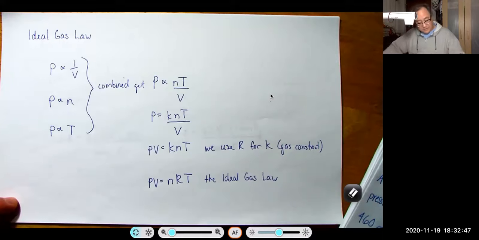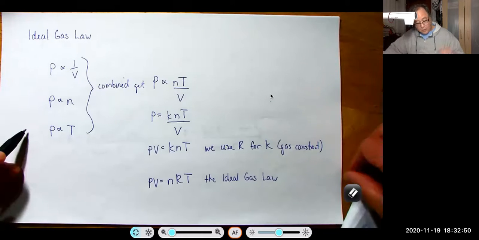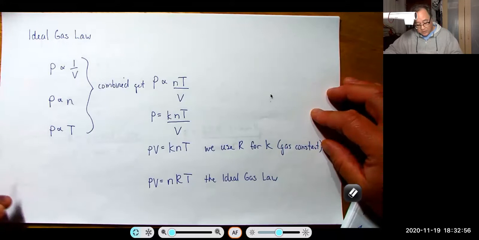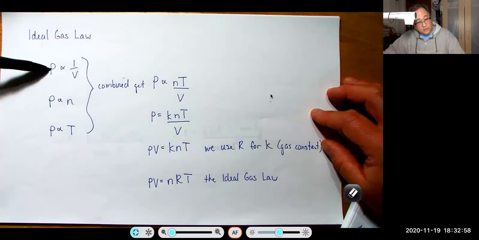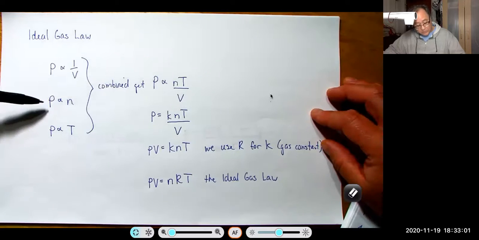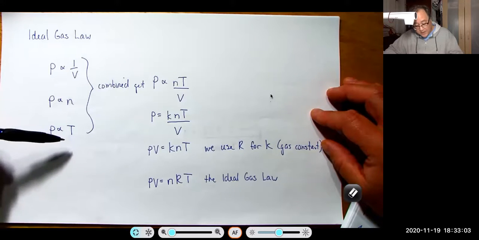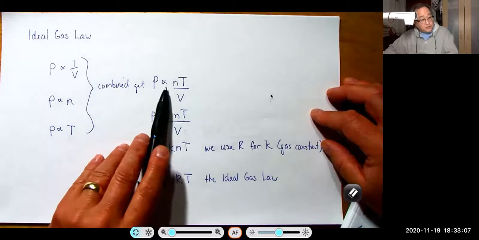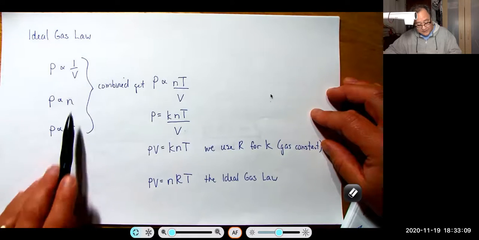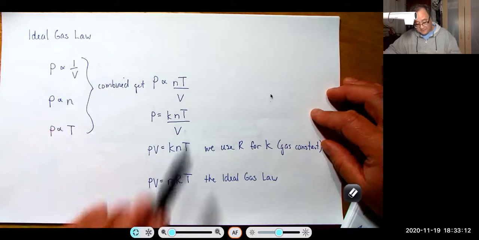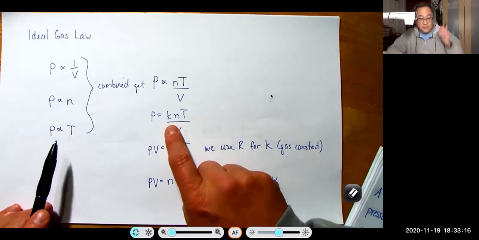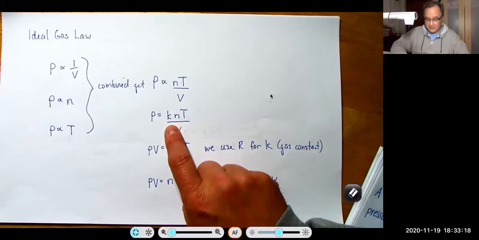So here I've written the three equations again, only I haven't written them with a K in there. I've given the proportionality. Well, if pressure is proportional to 1 over volume and proportional to moles and proportional to the temp, we can combine these all together and get that the pressure is proportional to N times T divided by V. So here we can also turn this into an equation by using a proportionality constant.